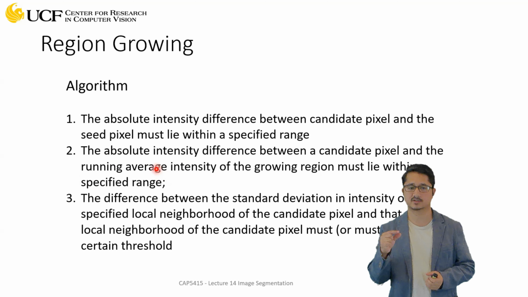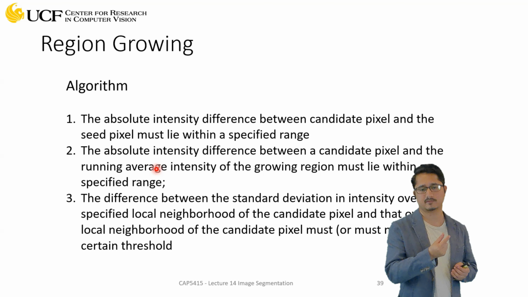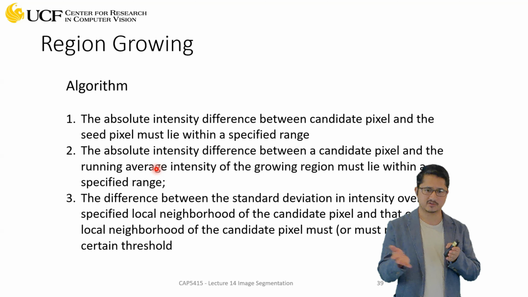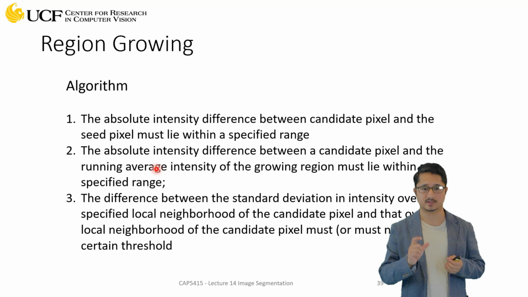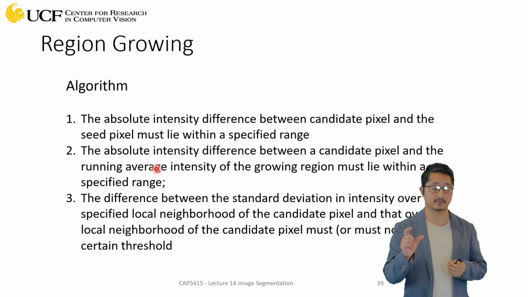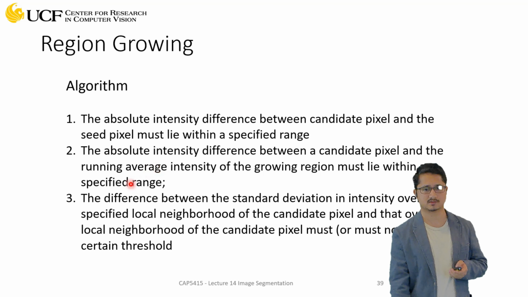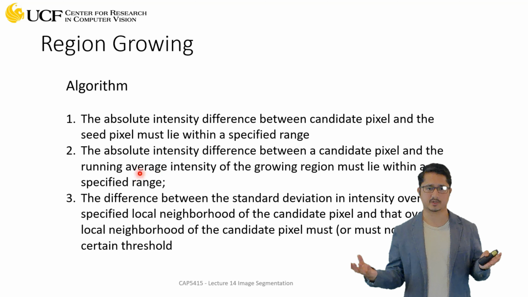Let's say you start with a pixel intensity of 5 and reach 40 or 45, your average will be close to 20 or 25, and then you won't meet the criteria of a difference of 5. So that's one simple example of why we need this running average. And the other issue is we don't want our segments to grow too big.